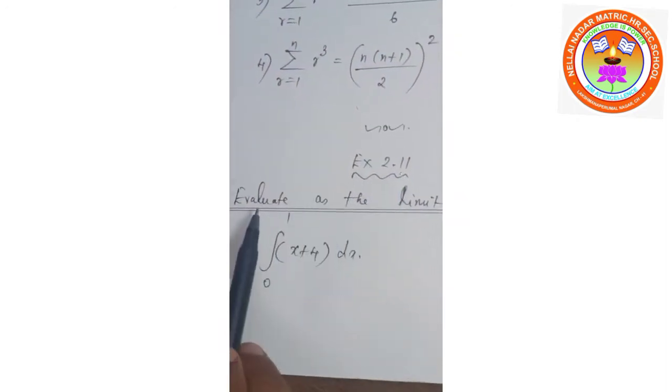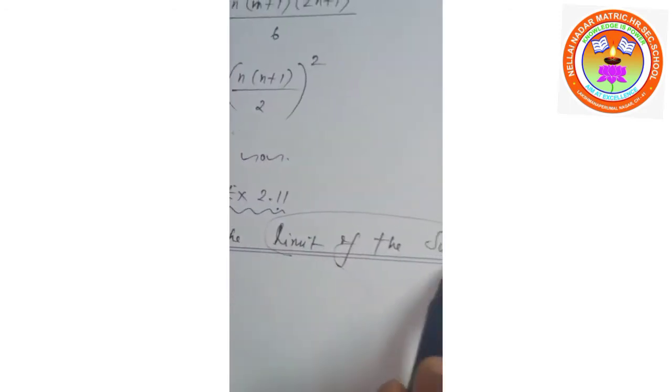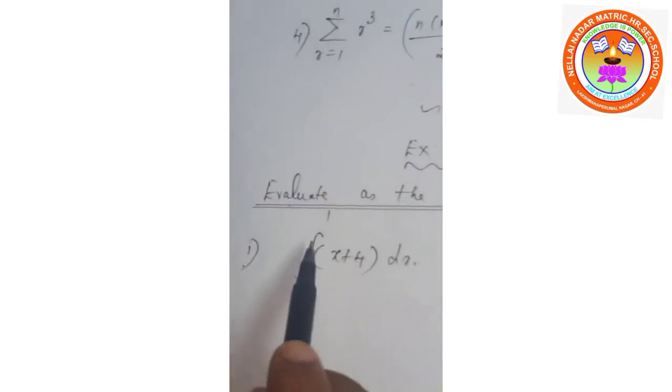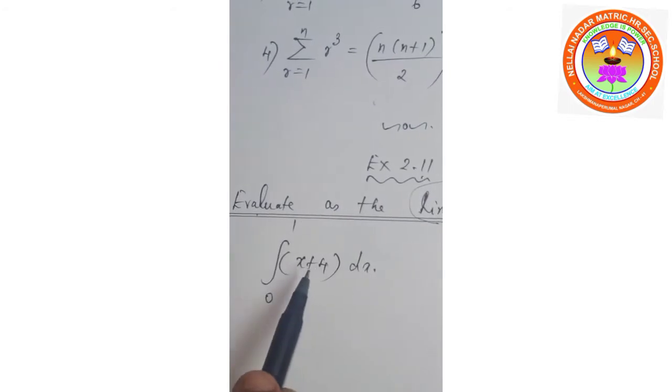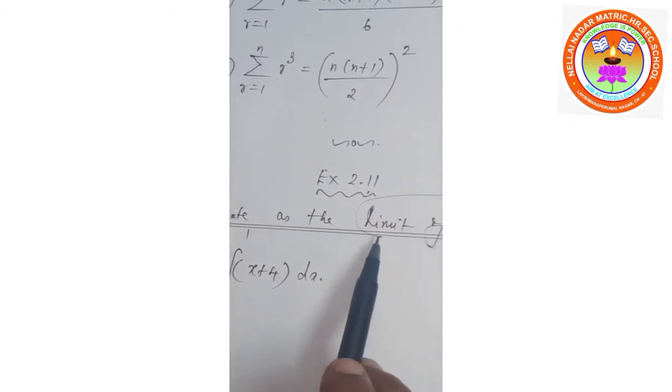Exercise 11. Evaluate as the limit of the sum. Problem number 1. Integral 0 to 1 x plus 4 dx. This is a keyword for you, limit of the sum.